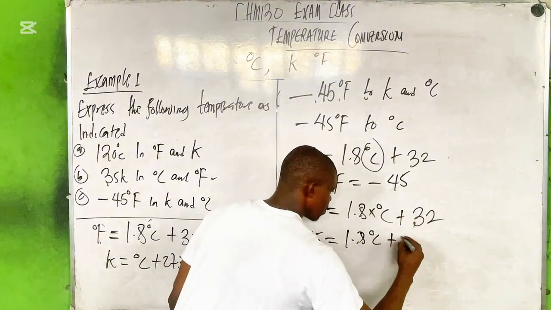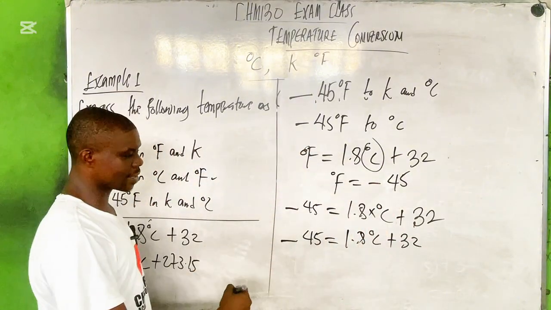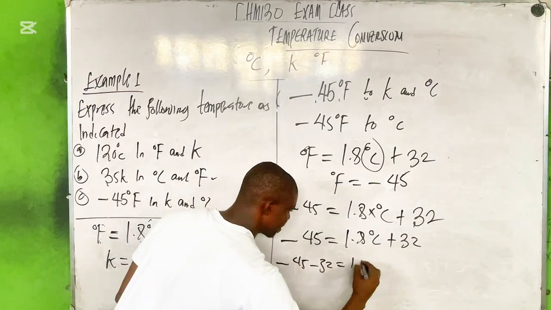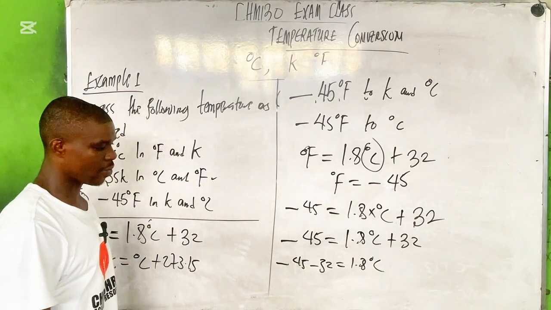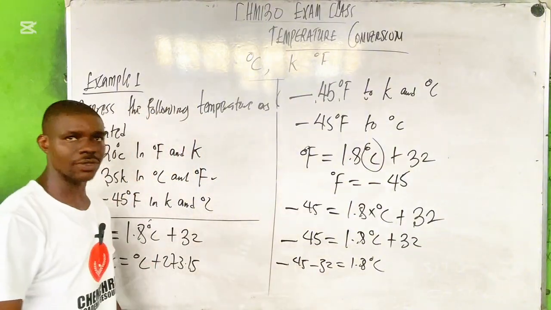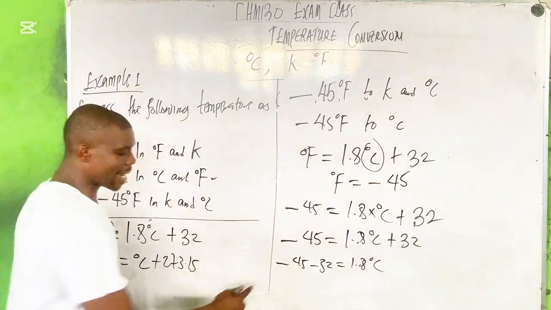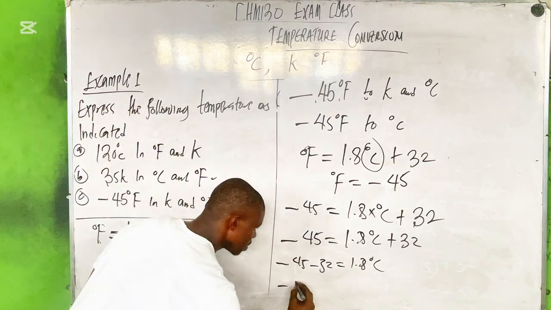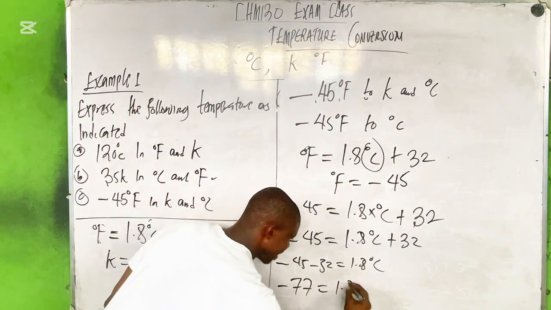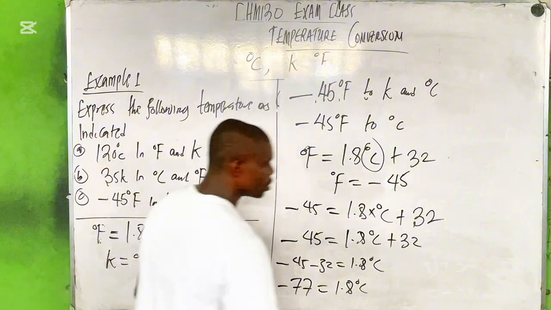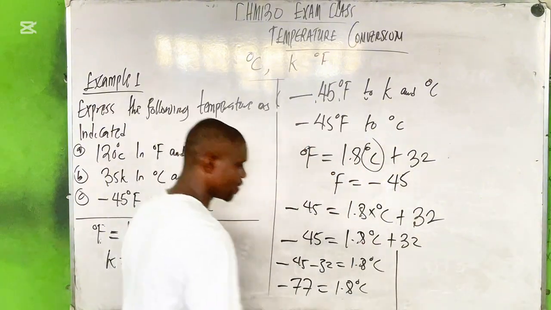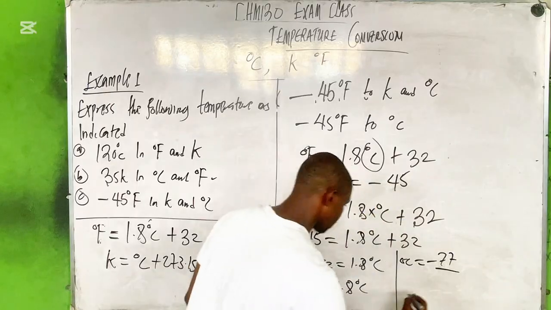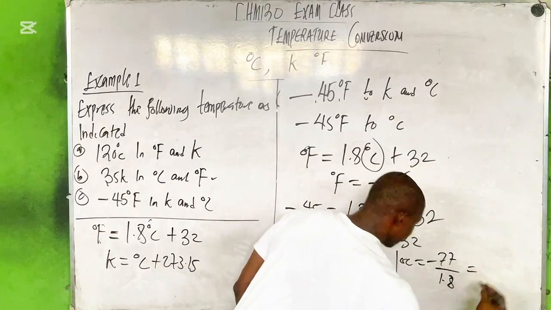Can you take this to that side, right? So minus 45 minus 32 equals 1.8 times the temperature. Minus 45 minus 32, what is the answer? Minus 77 equals 1.8 times the temperature, right? So what are we going to do here? Divide both sides. What is the answer?